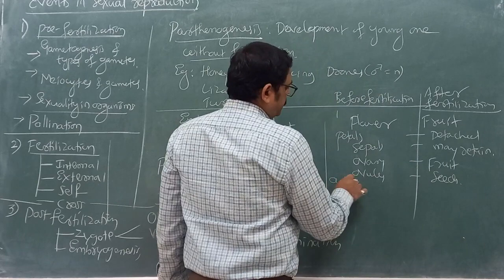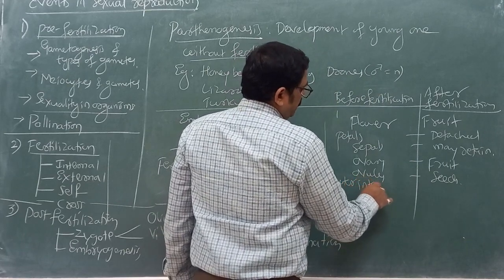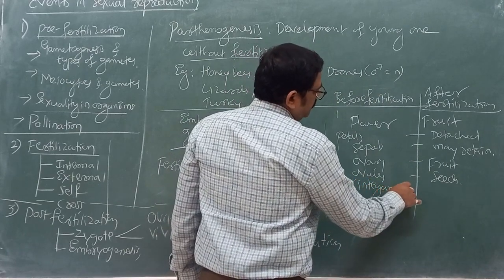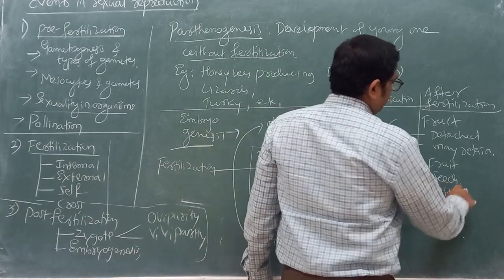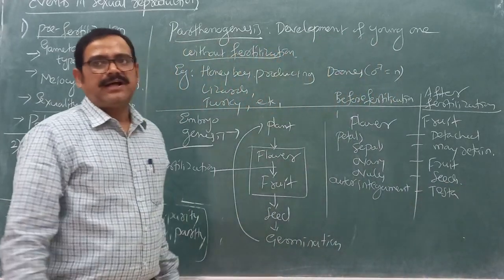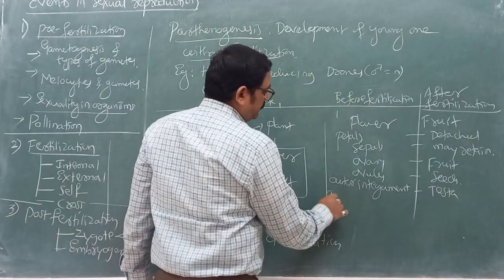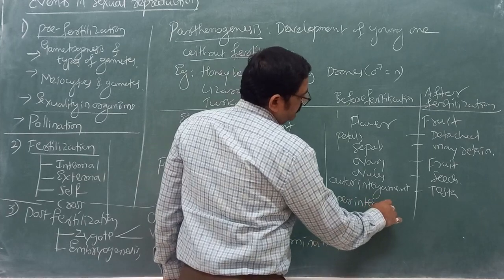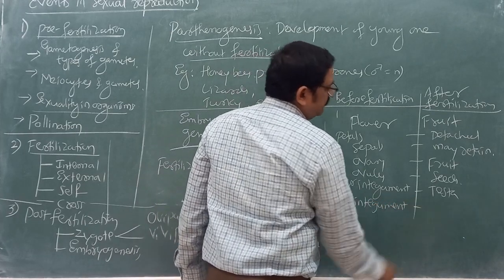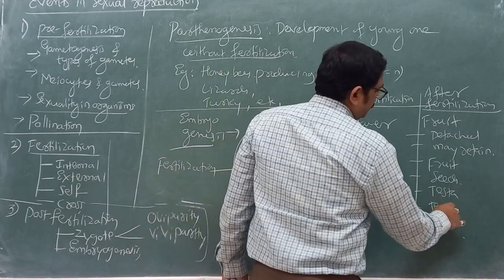Outer integument, what is it going to become? It's called a testa. The outer coat of the seed, testa. Inner integument, what is it called? Tegmen. Okay.